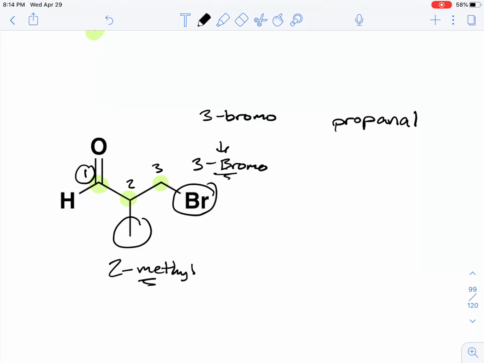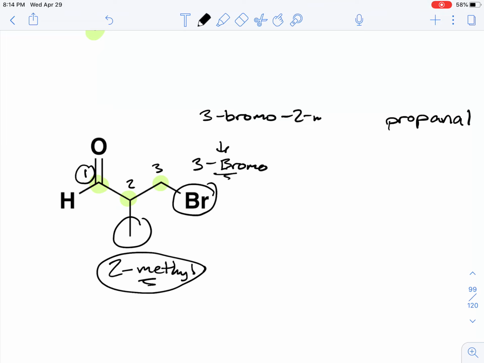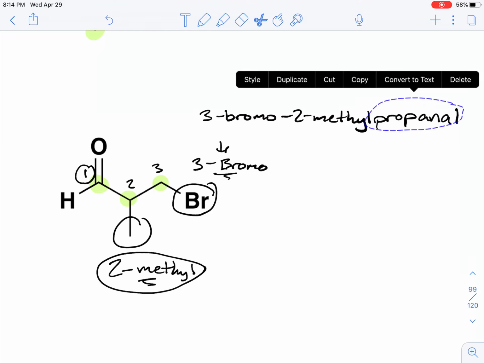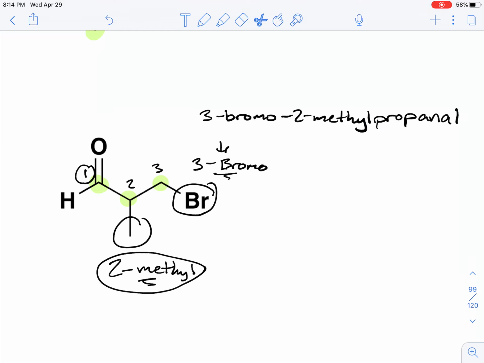And then we're going to describe the methyl next. And since I'm going from letter to letter, I'm going to scoot everything over. So it's just one word. No dash, no commas, no space.